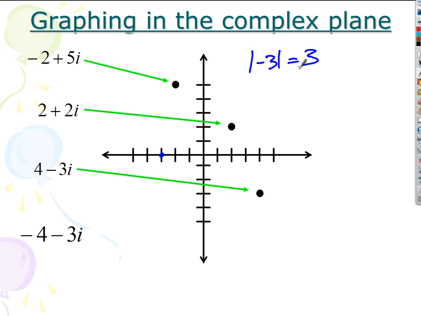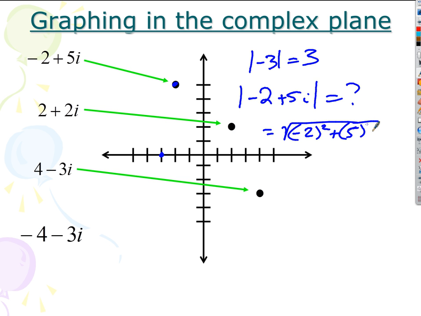If we want to expand that, though, and ask the question, how far is this point up here from the origin, well, now it's a little bit more complicated because it's not just on that line anymore. It's on the plane, right? And so when we say something like the absolute value of -2 plus 5i, we got to deal with that differently. And the way we do is just the distance formula. It's just equal to the square root of -2 squared plus 5 squared.